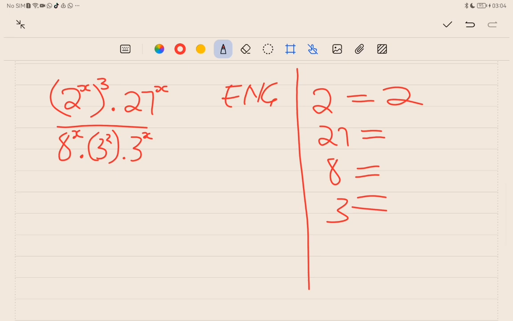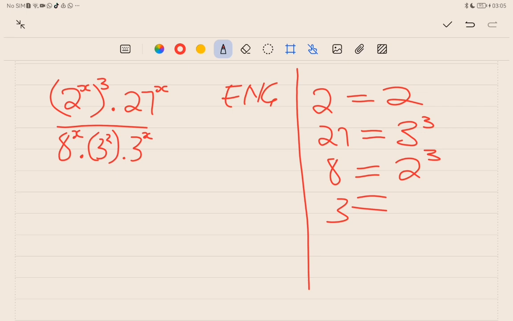Then you type 27, press equal sign, shift, fact. You get 3 to the exponent 3. Then you go to 8, you say 8 equal to shift, fact. 2 to the exponent 3.